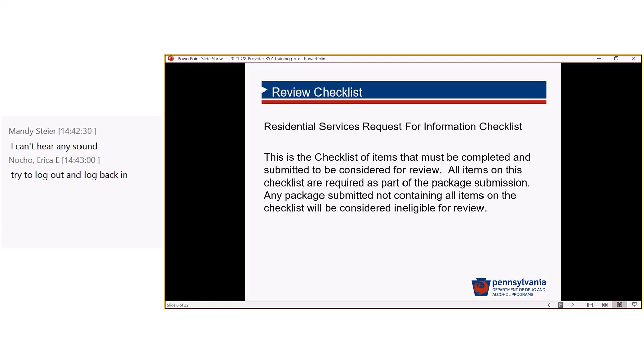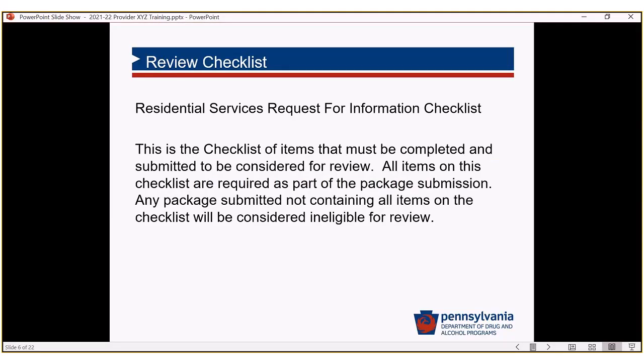So we'll just continue, and we're going to go through now what would be page 4 in your packet, and that's really a checklist of everything that you have to submit to the SCA when you submit your provider's XYZ packet. You want to make sure that you're going down through this checklist before you submit, and make sure you have every piece, because if you don't submit all the parts of the checklist, your package would be rejected or considered ineligible for review.